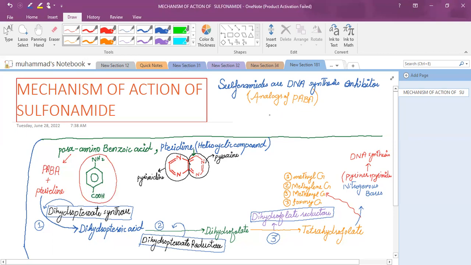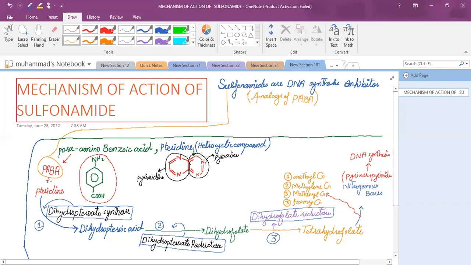So when sulfonamide approaches the bacterial cell, these sulfonamide drugs compete with para-aminobenzoic acid at this place, and instead of para-aminobenzoic acid combining with pteridine, sulfonamide gets combined with pteridine.